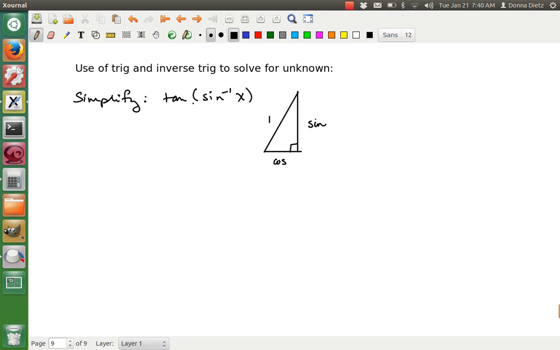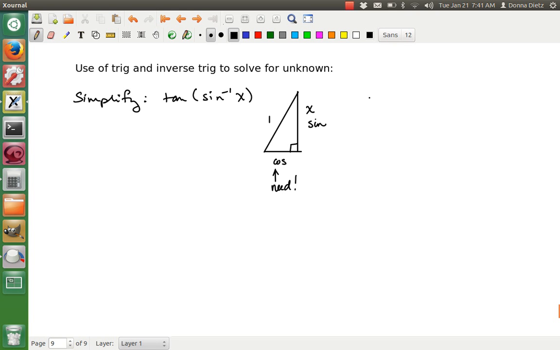So an angle whose sine is x, so that means x is actually on the side we normally label y, okay? And we want tangent, so we want sine over cosine. So what we need is cosine in terms of x.